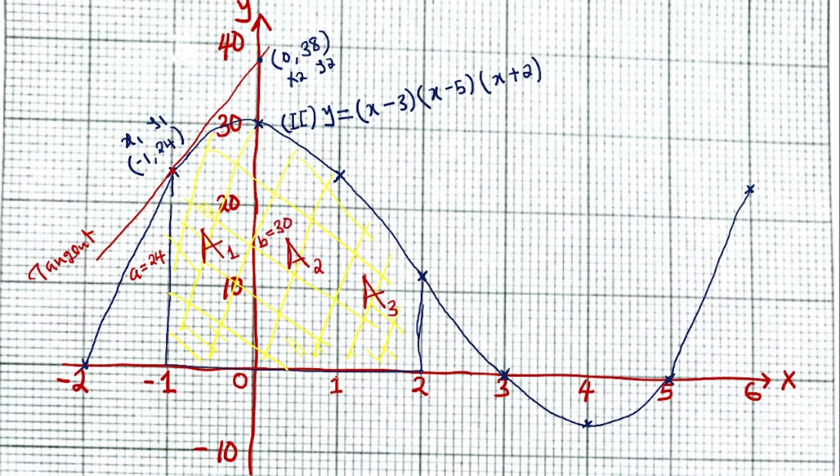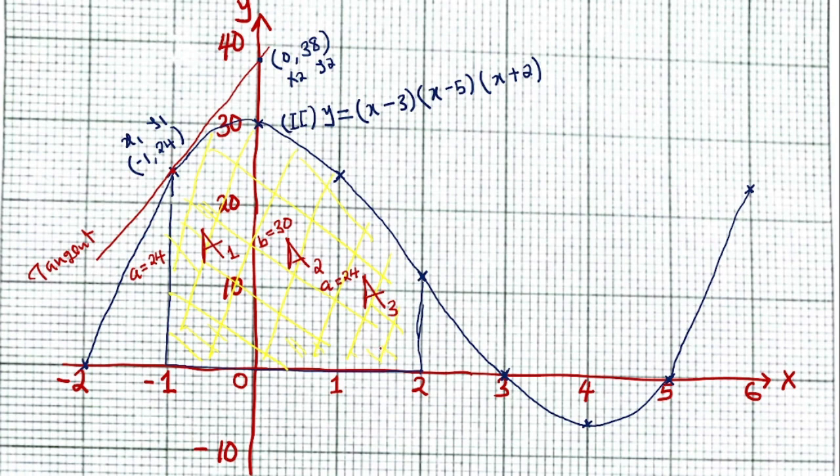Then where x is 1, the value of y there will be our a for A2, and it will be 24 also. And that one becomes the b value for A3.